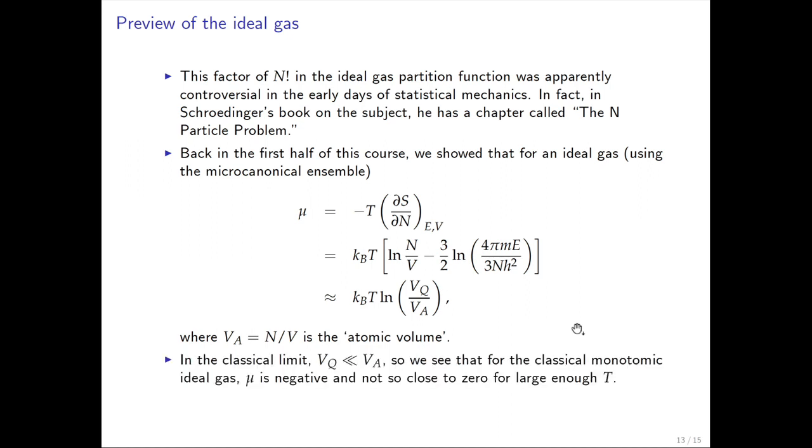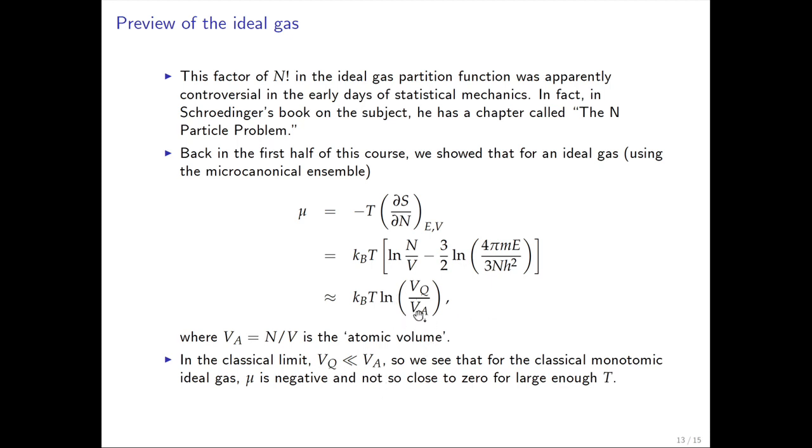And so in the classical limit, in fact, what is the classical limit? The classical limit, we'll see, is when the quantum volume is much, much less than the atomic volume, that is, the inverse density, the volume per particle.